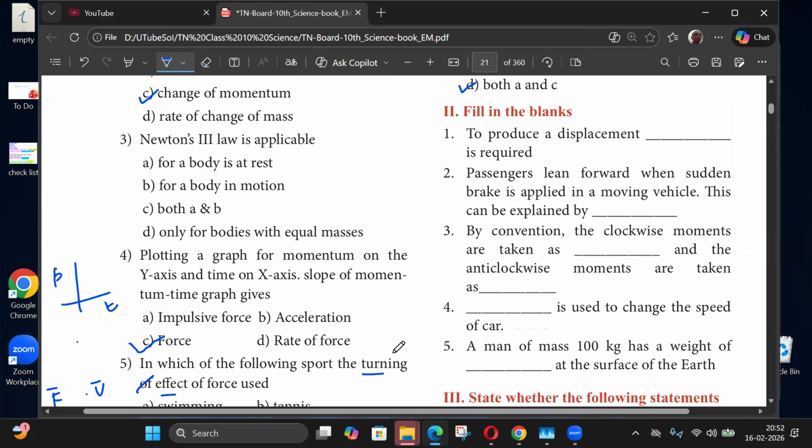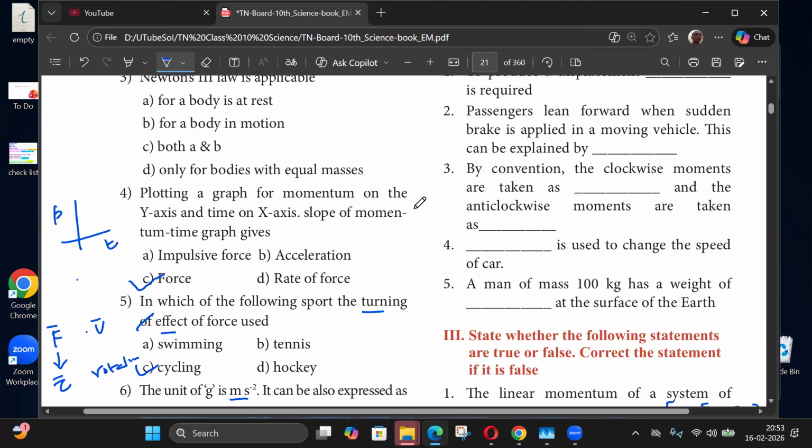If the answer has 5 points which should be there, and four points are there, you'll get one mark less. If all the 5 points are there, you get the full mark. So you should make sure that all points are covered. Either you write point by point or in a paragraph, but whatever way you write, make it clear that all the points are there. And also you should answer what the question is asking.